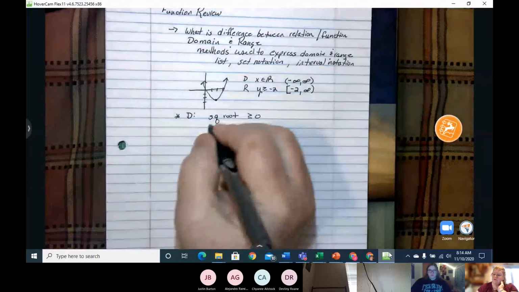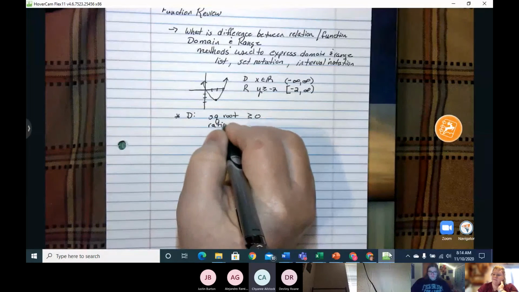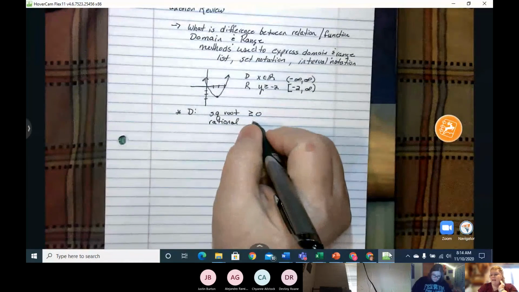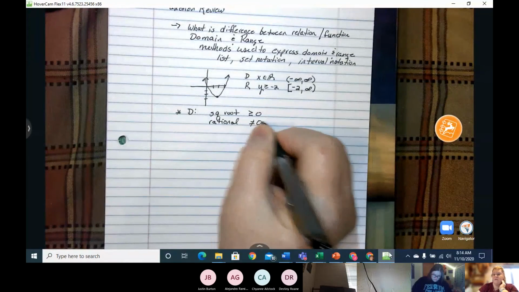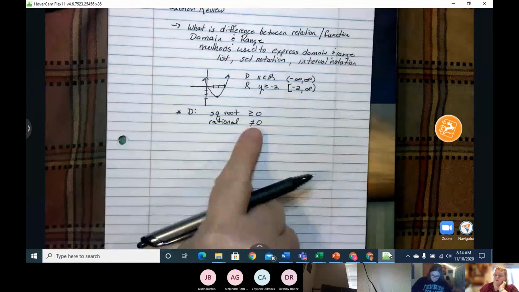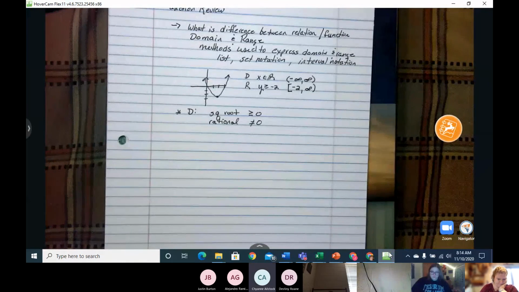With rational functions, the domain cannot equal 0, so we have to be sure we allow for that restriction. You can never have 0 in the denominator, so we have to restrict 0 from being in the denominator.